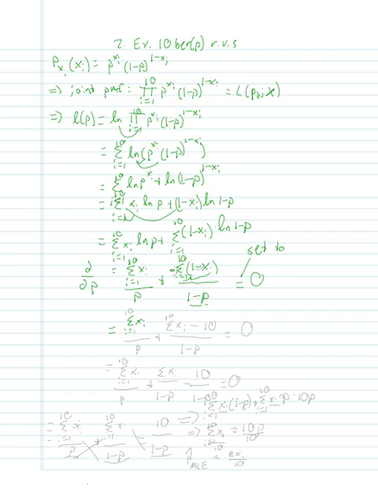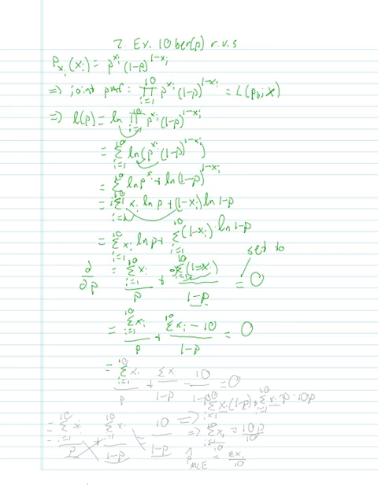So if you want to distribute in this summation, we have the sum from i equals 1 to 10 of xi over p plus the sum from i equals 1 to 10. We have a negative here, so that becomes positive xi over 1 minus p, minus 10 over 1 minus p, is equal to 0.